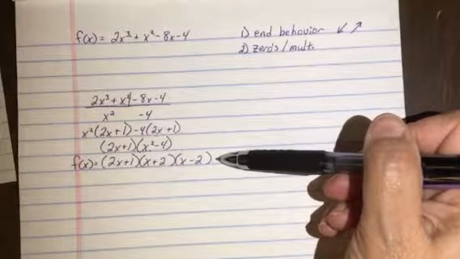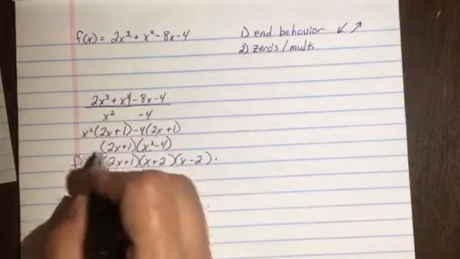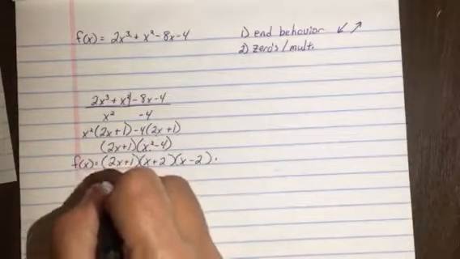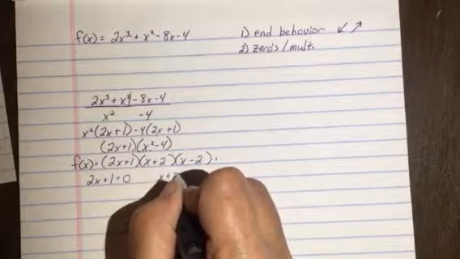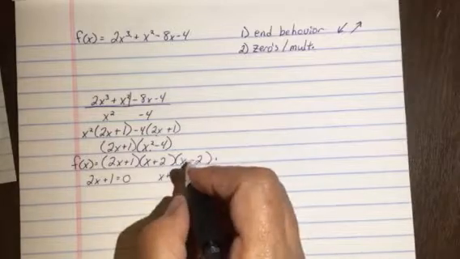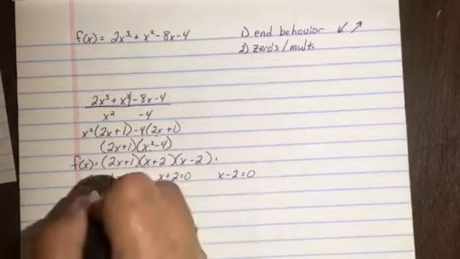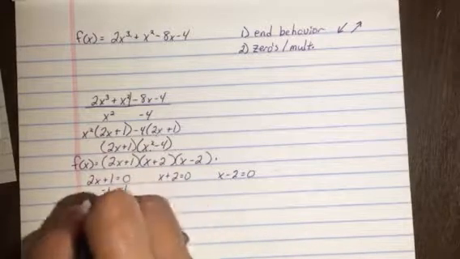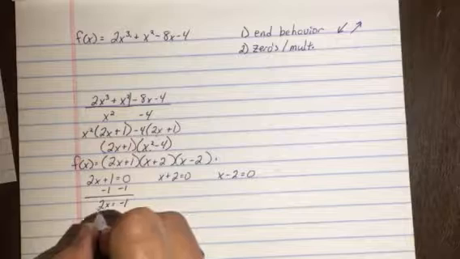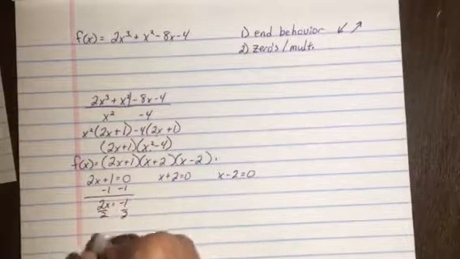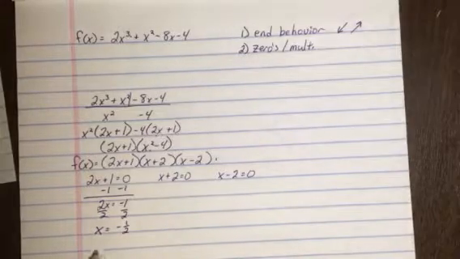So at this point, I can now find my zeros. Let's take each one, set it equal to 0, and solve. Subtract 1, divide by 2, so I get x equals negative 1/2.